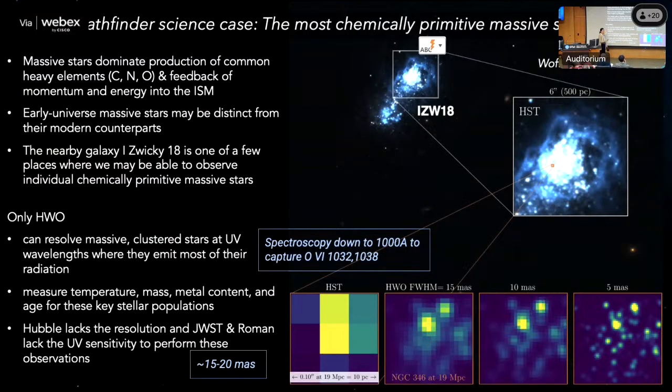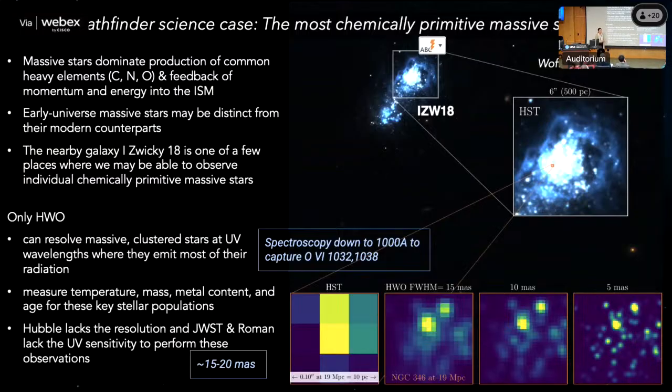I Zwicky 18, which is one of the lowest metallicity galaxies, actually, it's the closest one, is at 18 megaparsecs. And look what happens to NGC 346 with HST at 19 megaparsecs, with 15 milliarcseconds, 10 milliarcseconds, and 5 milliarcseconds resolution, right?